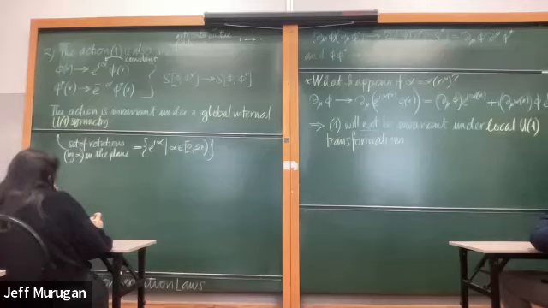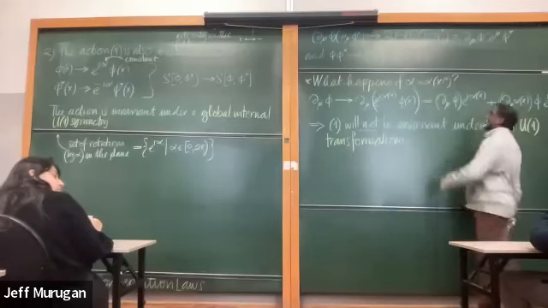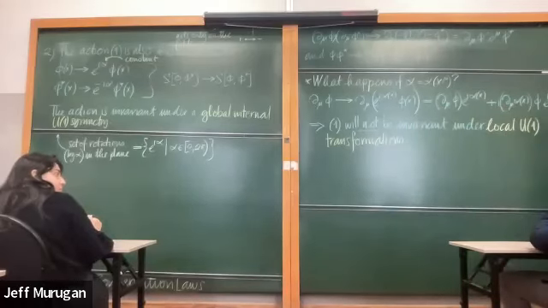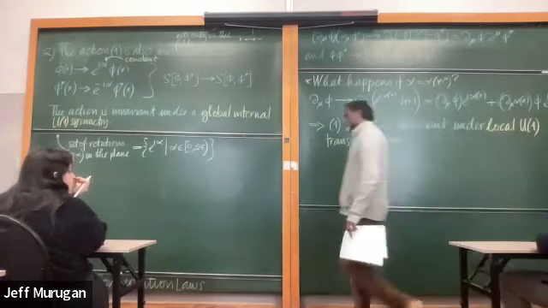This observation, which looks rather innocuous at this point, lies at the heart of gauge theory. It's the fact that the action is not invariant under these local U1 transformations, as well as what it takes to make the action invariant, to force the action to be invariant, that gives rise to the idea of gauge theories.